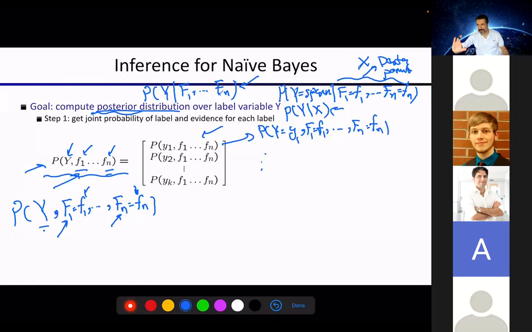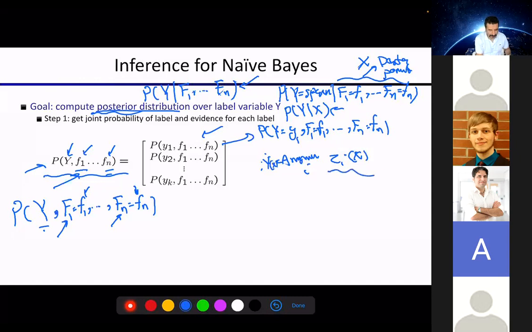So we had ZI, we looked at the argmax of this ZI, and we decided what label to assign for this particular input, right?